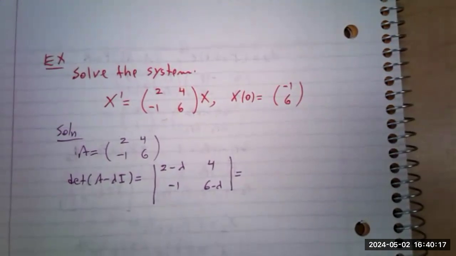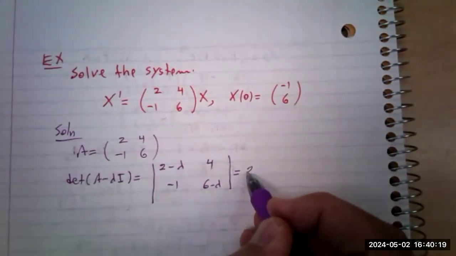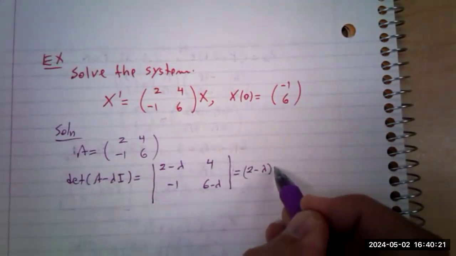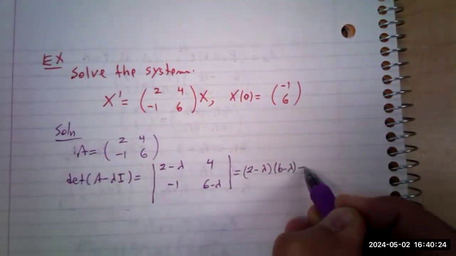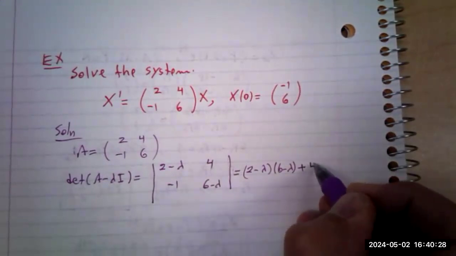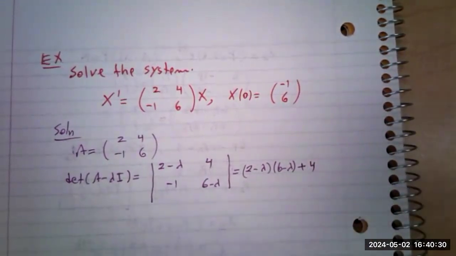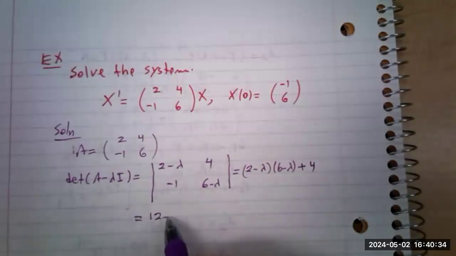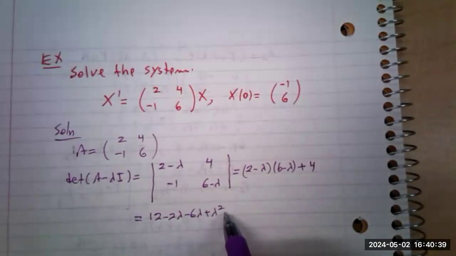Let's multiply to get the determinant. That gives you 2 minus lambda times 6 minus lambda minus, this is a negative 4, negative would be positive, that gives you a positive 4. So that gives you 12 minus 2 lambda minus 6 lambda plus lambda squared plus 4.